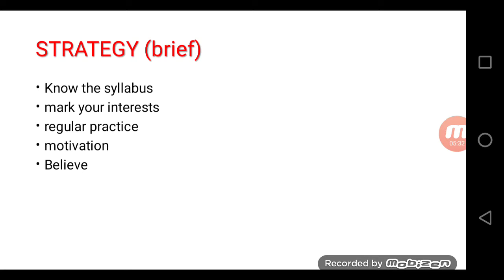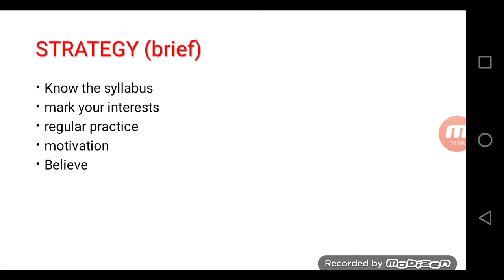Now, know the syllabus means you have to analyze your syllabus in detail. We will do the analysis of the syllabus in my next lecture, and we'll talk about how to mark your interest. We'll talk about the strategy, the plan to get into GATE, and how you have to use these 3 months.